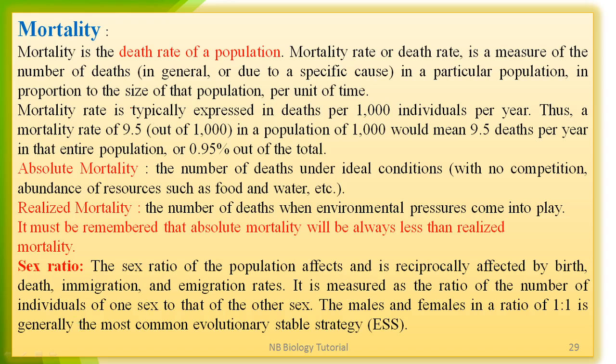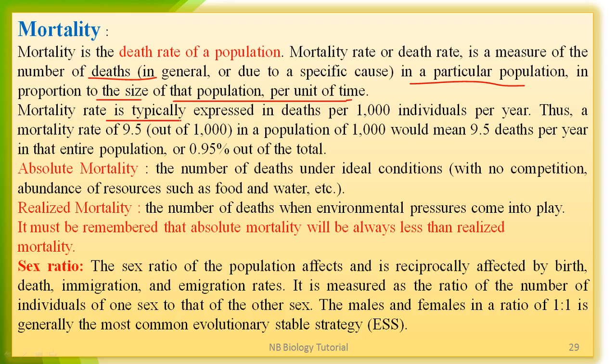The second one is mortality. Mortality is the death rate of the population. Mortality rate, or death rate, is a measure of the number of deaths in a particular population in proportion to the size of that population per unit time.